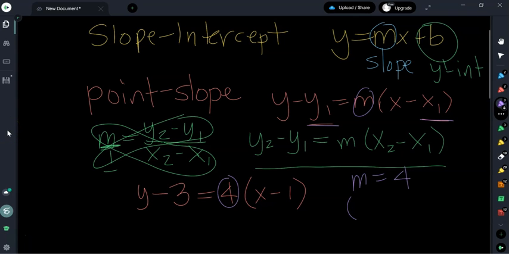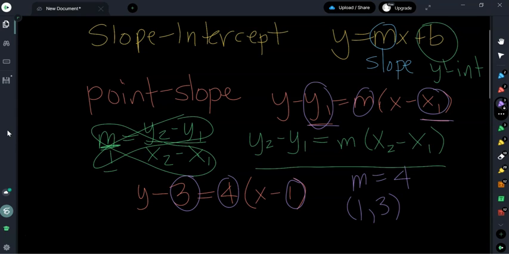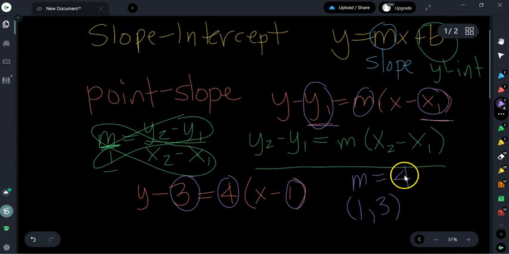If we look at our equation, x1 is actually 1, and y1 is actually 3. Don't get confused, because if you look at the original equation, y1 is being subtracted, as is x1. That is why it's positive 1, positive 3. We always do the opposite of the way the equation is written. So this is the equation of a line that has a slope of 4 and passes through the point 1, 3.